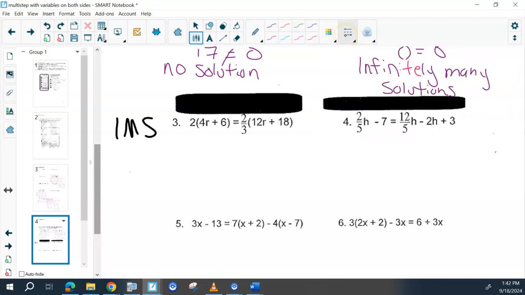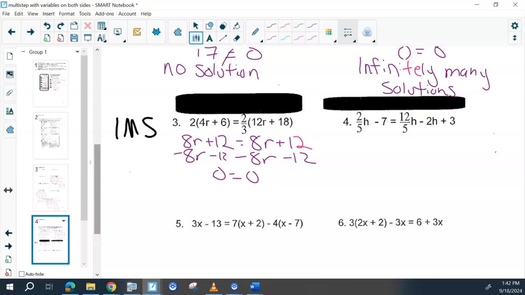So if we were distributing, we get 8r plus 12 equals 24 over 38, 36 over 12. So looking at this, these are exactly the same. So if you notice that, you can stop, IMS, or you can keep going, and you'll get 0 on both sides.